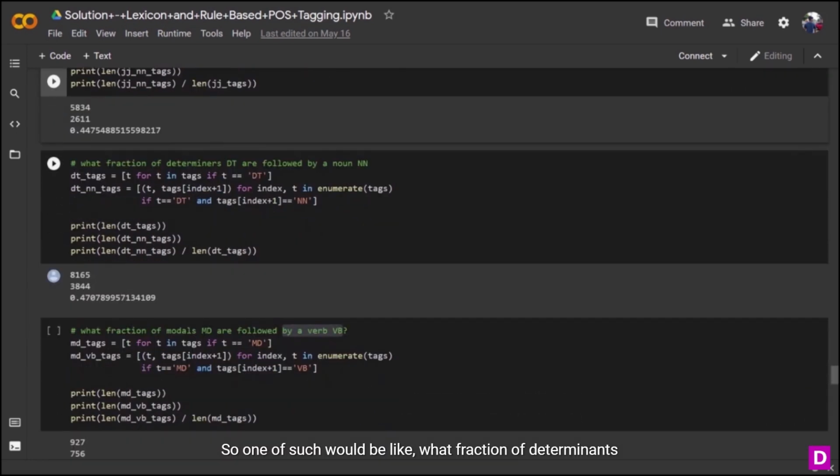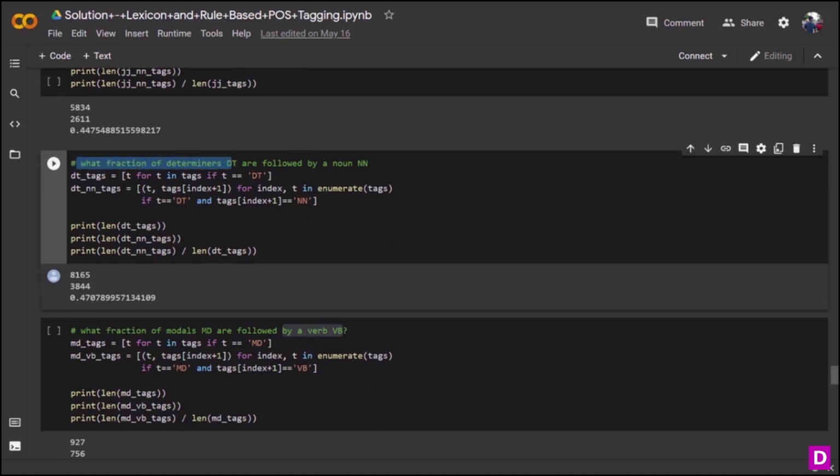So one of such would be what fraction of determinants. Determinants, in the sense, the tag or the word "the" comes under the category of determinants, and they are actually followed by the noun.